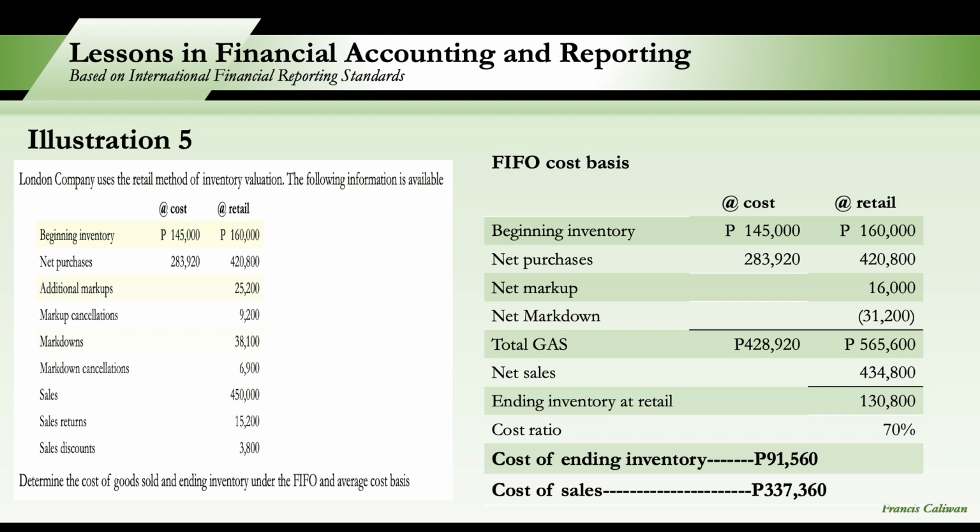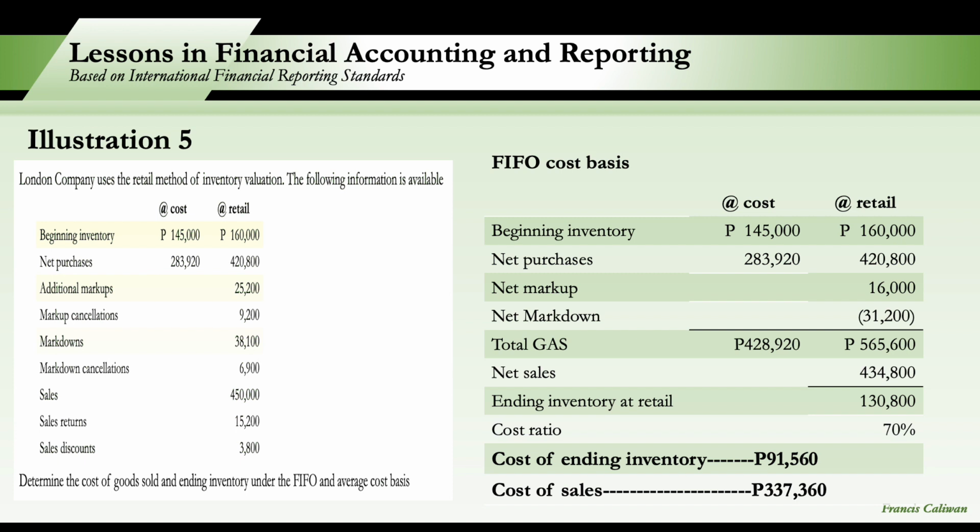So our net sales is 434,800. We only considered sales returns of 15,200. So total goods available for sale at retail of 565,600 less net sales of 434,800. Therefore, our ending inventory at retail is 130,800.